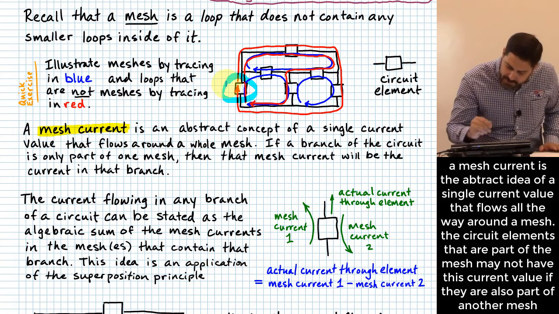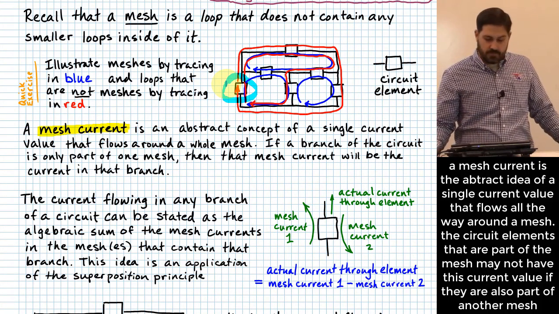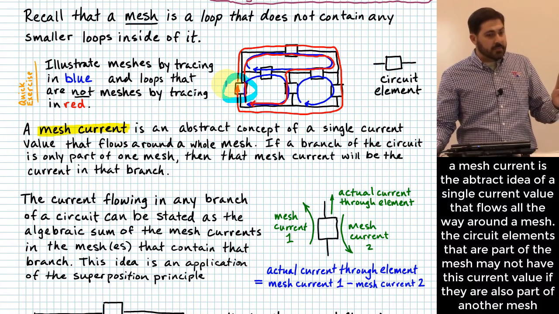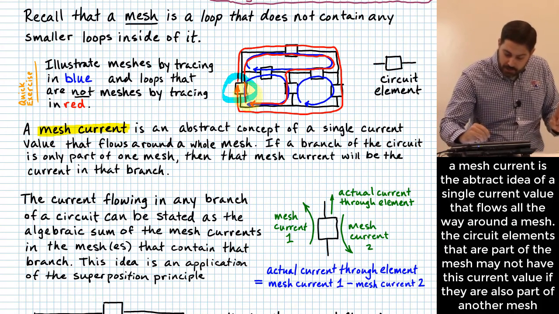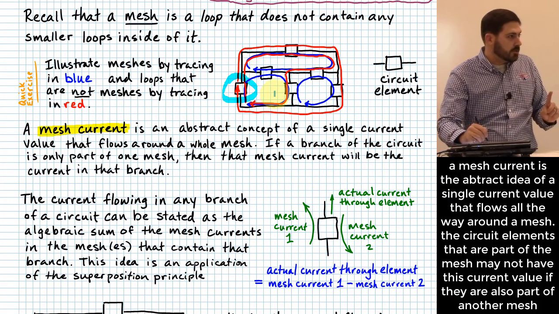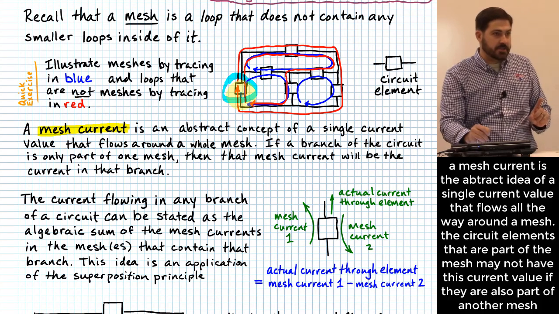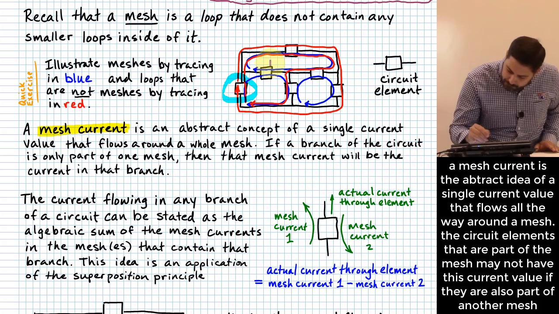See that element? How many meshes is it a part of? One. And so that means when we define a mesh current as a current that flows around this mesh, the mesh current that we define will be the current that that element experiences. Okay? What about this element up here?